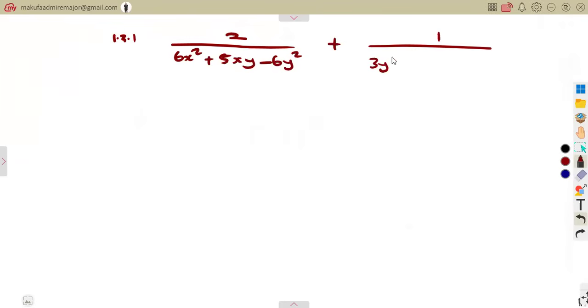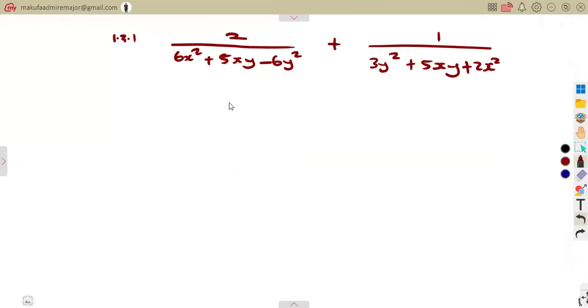So that was question 1.31, where we are given 2 over 6x squared plus 5xy minus 6y squared plus 1 over 3y squared plus 5xy plus 2x squared.